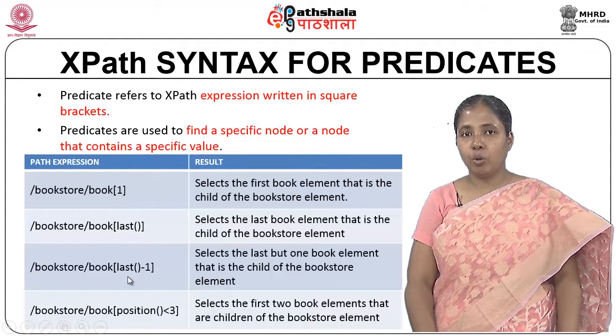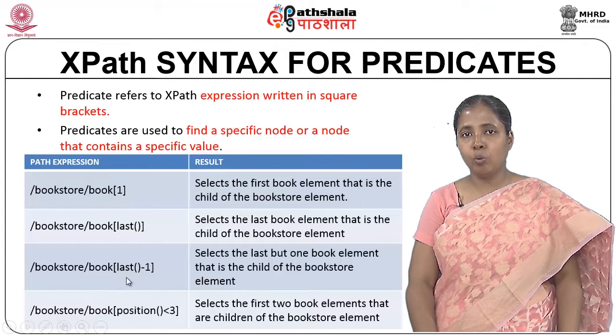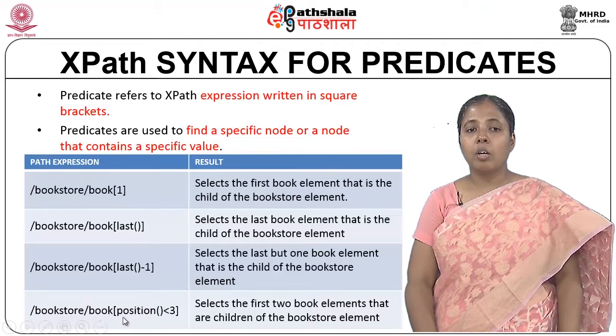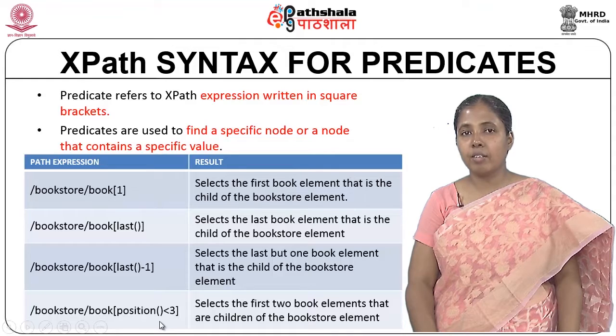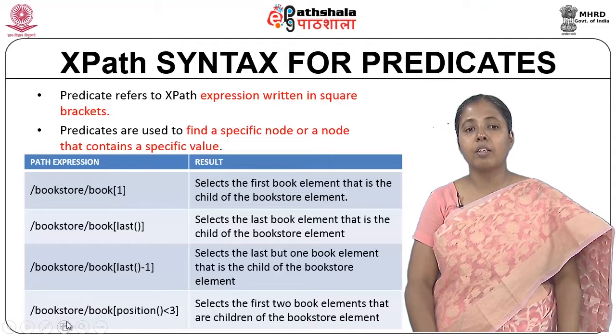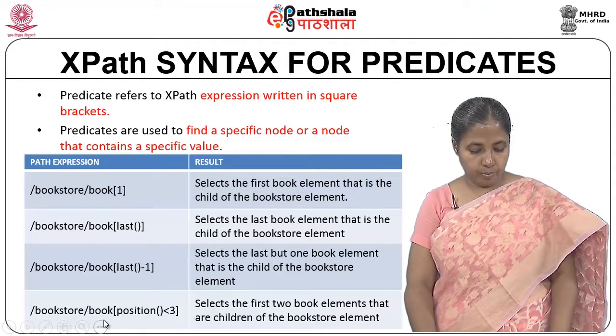So we use a function, an XPath function, last minus 1, given as the predicate value. So it selects the last but one book element, the one before the last book element. The next example selects the book with the predicate position less than 3. So it selects the first 2 books under the bookstore element.